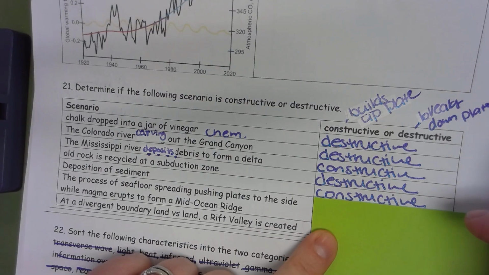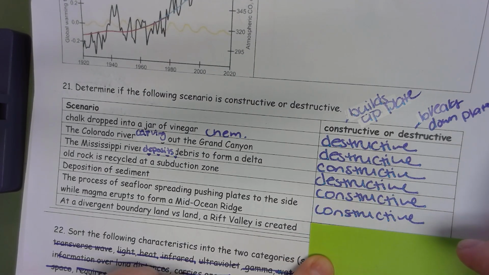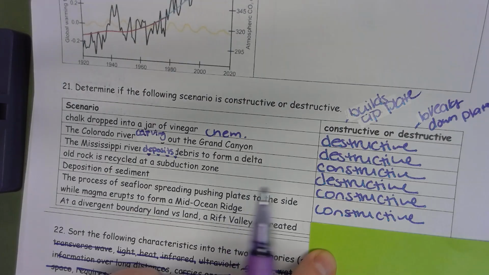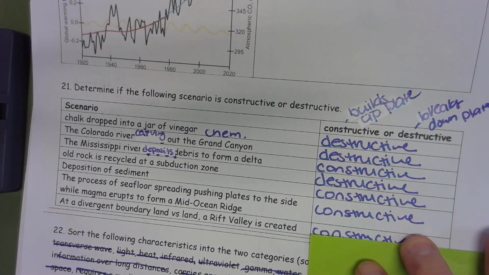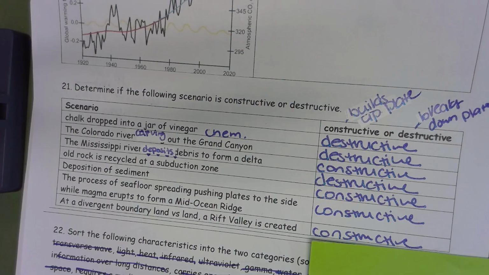The deposition of sediment is always constructive. The process of seafloor spreading, pushing plates to the side while magma erupts to form a mid-ocean ridge, is constructive. At a divergent boundary, land versus land, a rift valley is created, and that is constructive because we're making new plate.